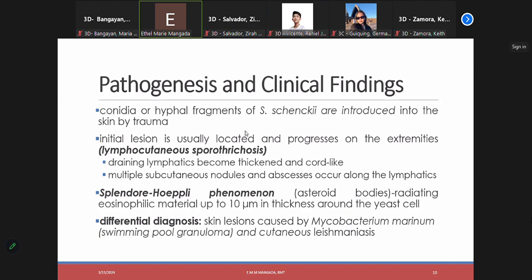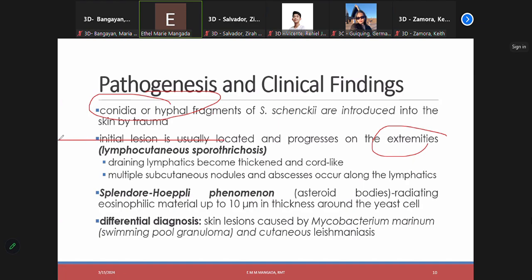So, for pathogenesis and clinical findings, we can see the presence of conidia or hyphal fragments in the skin where we have the lesions. Usually in the extremities, because it's often in gardens, so the foot or the hand gets pricked or wounded.